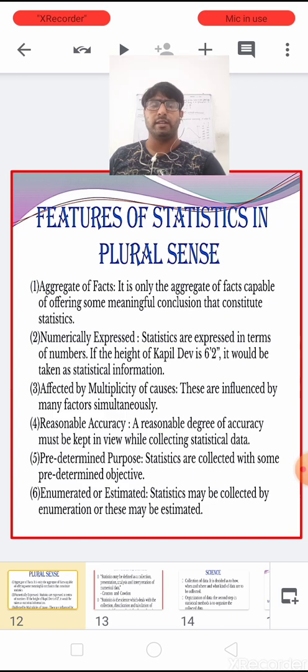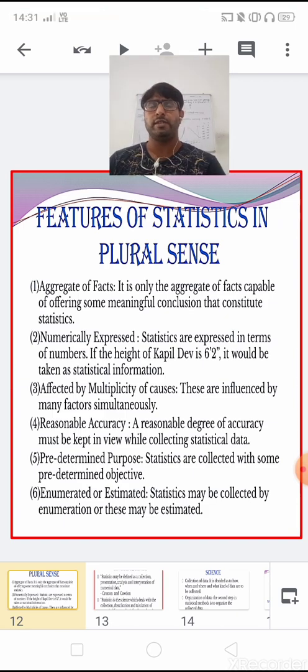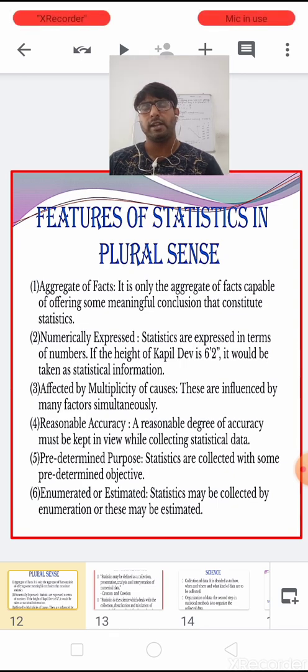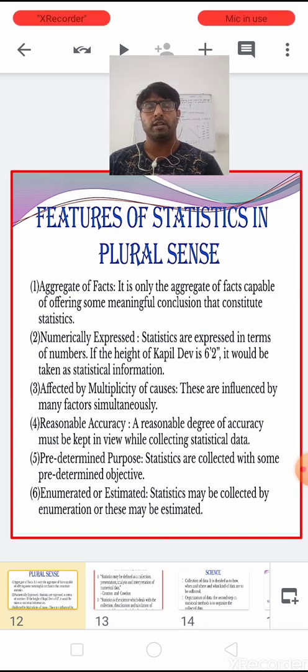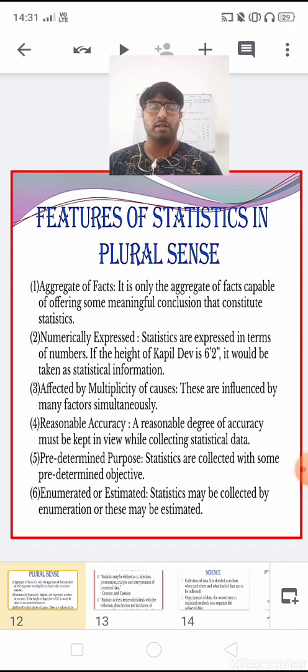So there are some features of statistics in the plural sense. Aggregate of facts: children, statistics is not only an aggregate of facts, but an aggregate of facts capable of offering some meaningful conclusions.